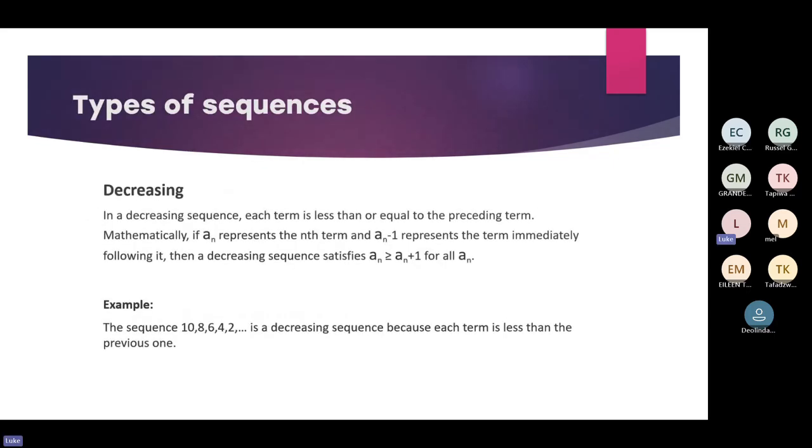Right, then we go on to the next one. We have what we call a decreasing sequence. In a decreasing sequence, each term is less than or equal to the preceding term.